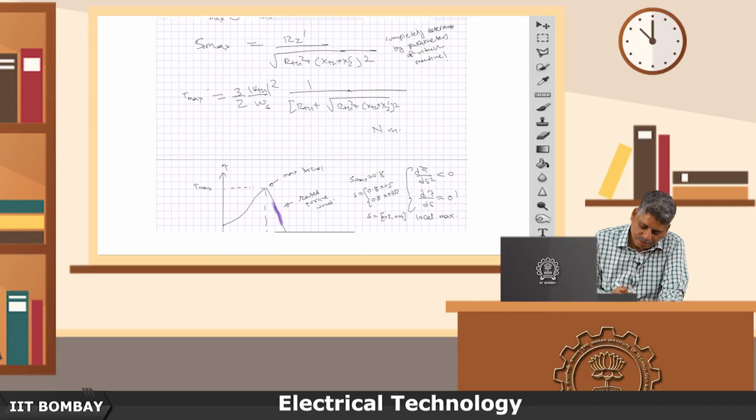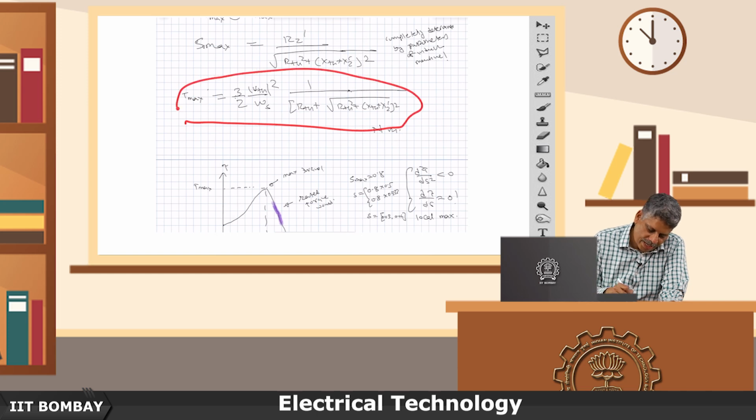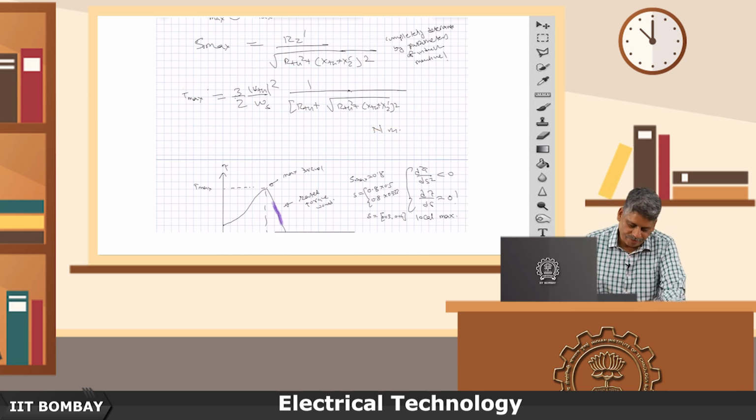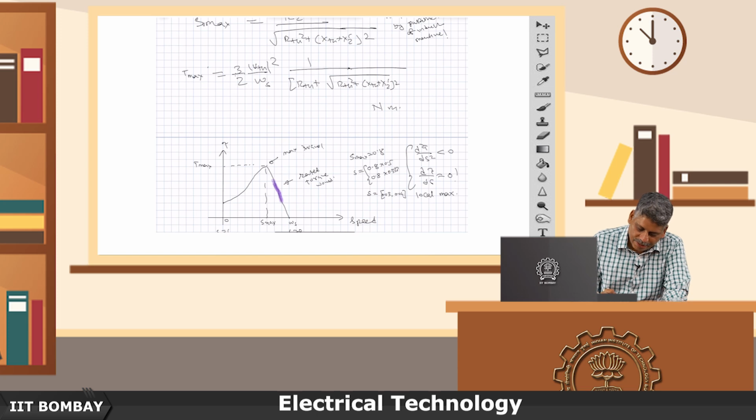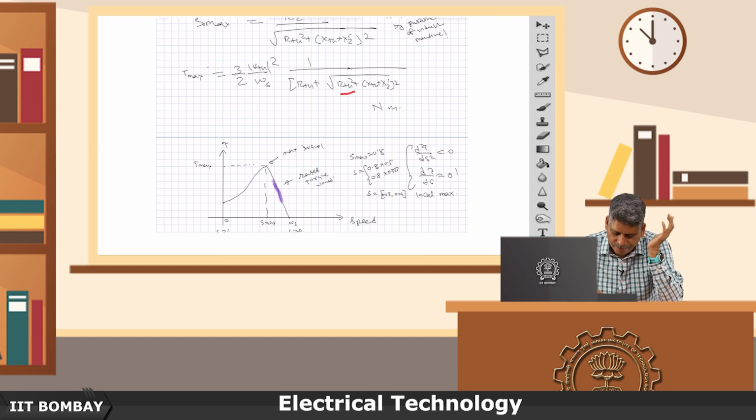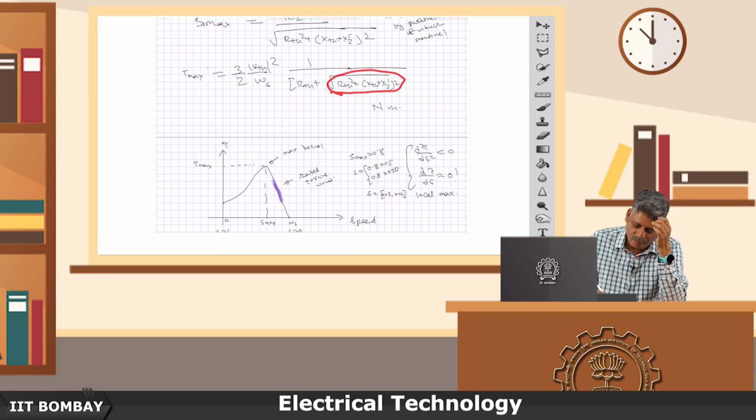So, the maximum torque which we had also derived, T max, that number also gets fixed: 3 by 2, V Thevenin magnitude square by omega s, 1 divided by R Thevenin plus square root of R Thevenin square plus this. Very carefully you can observe that this finally has the unit of ohms, this is also unit of ohms.